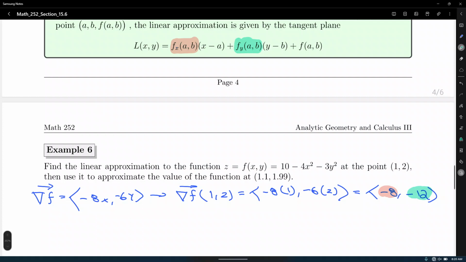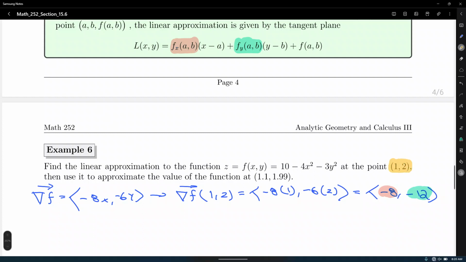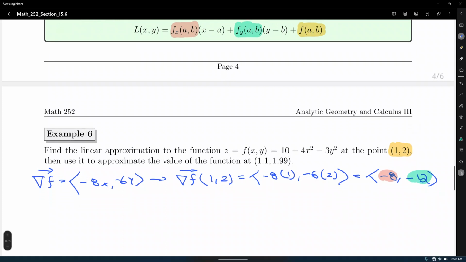And we also need to find the function value at the point 1, 2. That is, we need to evaluate f of a, b. How do we get f of a, b? Just substituting into the original function. That is, f of 1, 2 equals 10 minus 4 times 1 squared minus 3 times 2 squared.